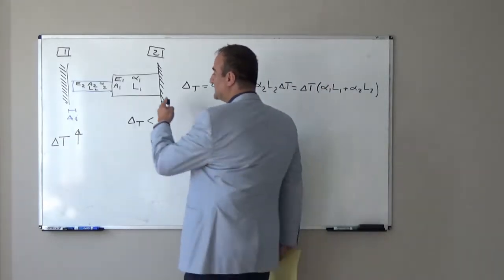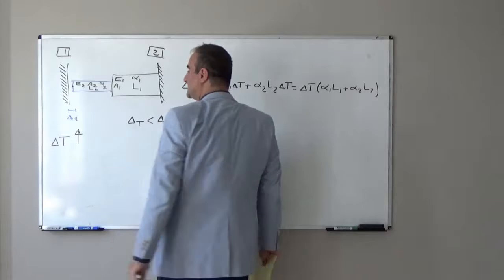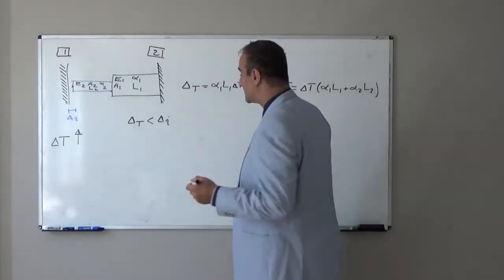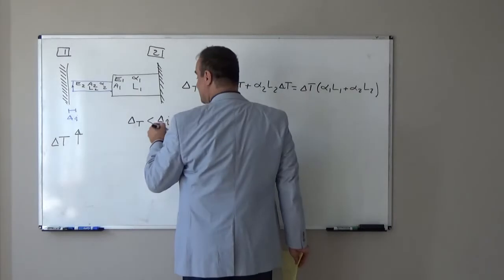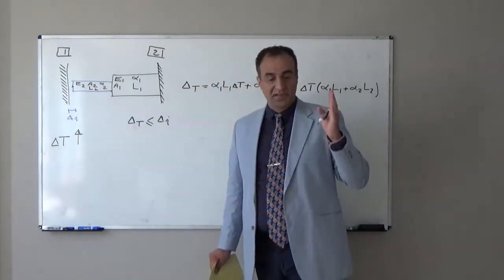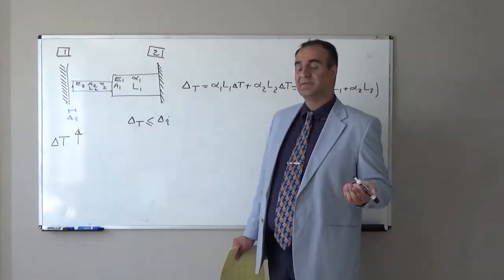We will have expansion, but the end of this composite rod will not touch the support. If it is less than the gap or even equal to the gap, equal means it is barely touching. In that case, what will happen?